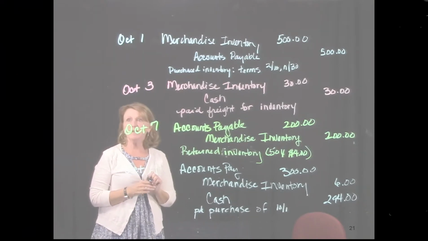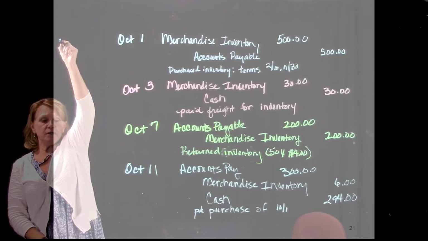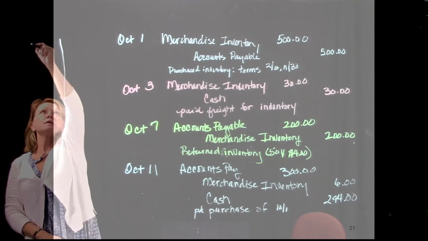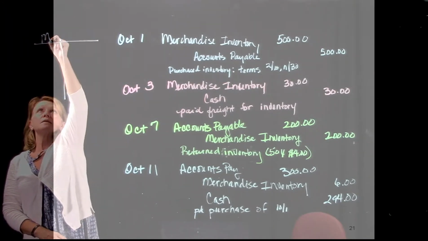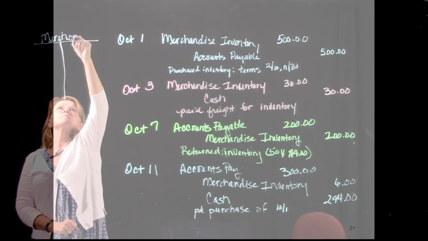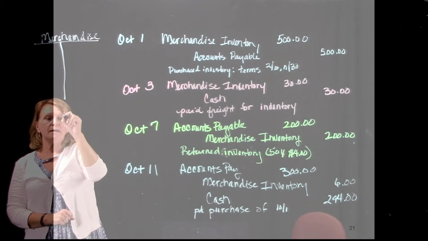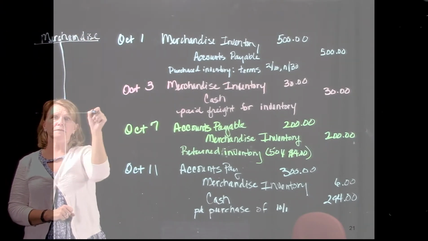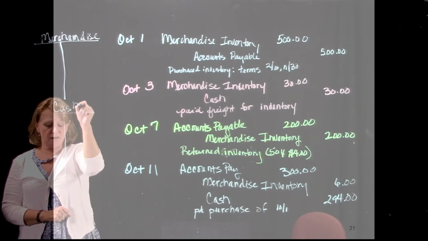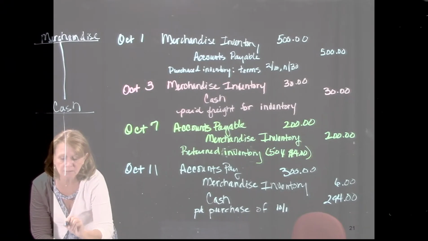If we put up the T accounts, we have merchandise inventory, cash, and accounts payable.